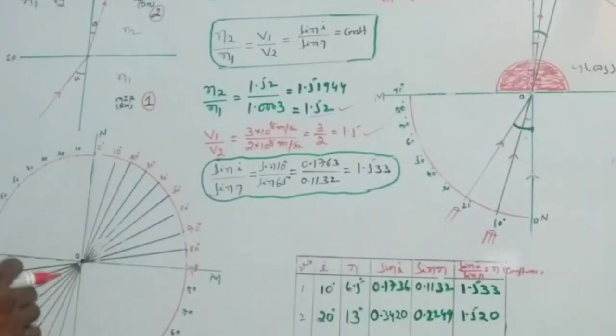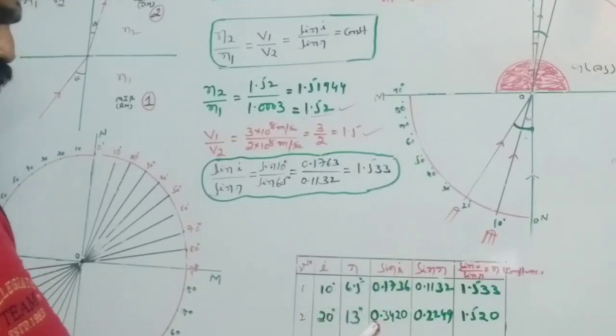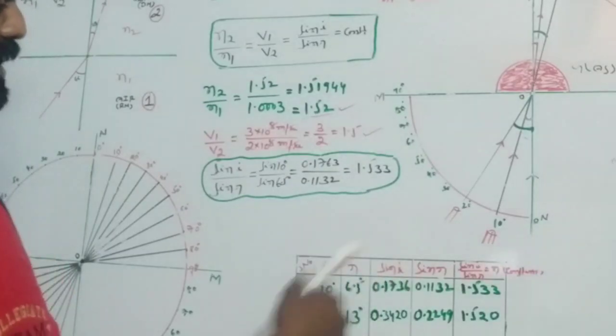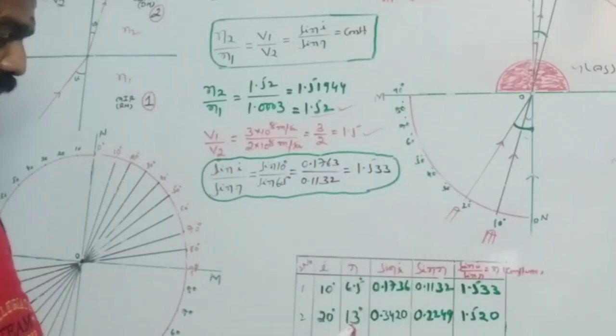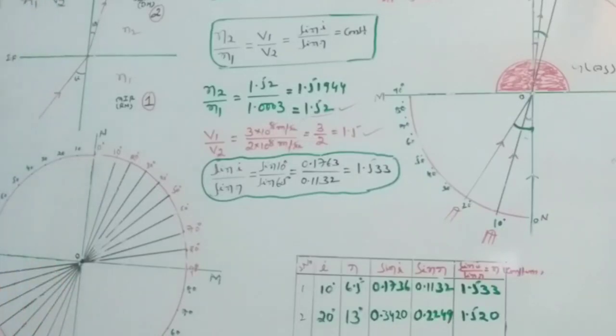Now we can find sin I. Sin 20 degrees is 0.3420. Next sin R. R is 13 degrees, so sin 13 is 0.2249.